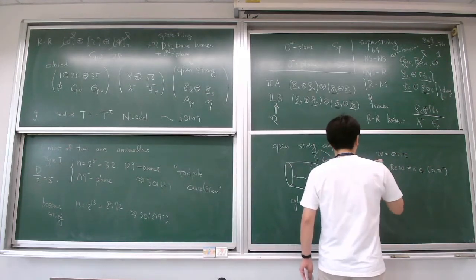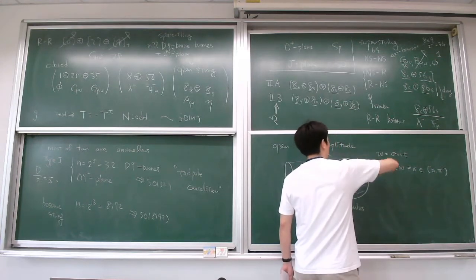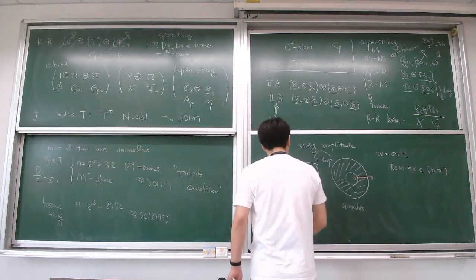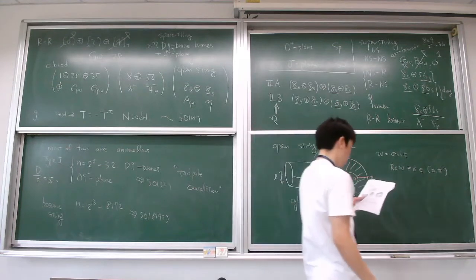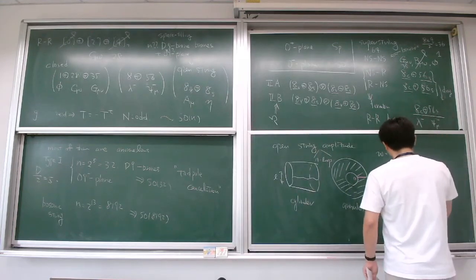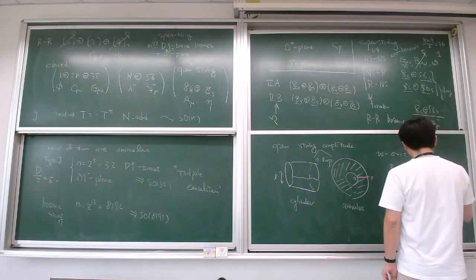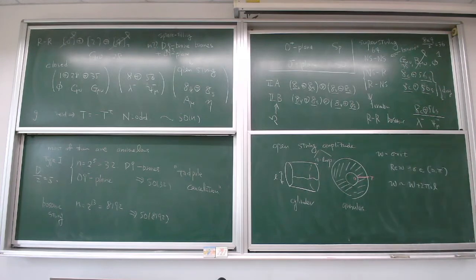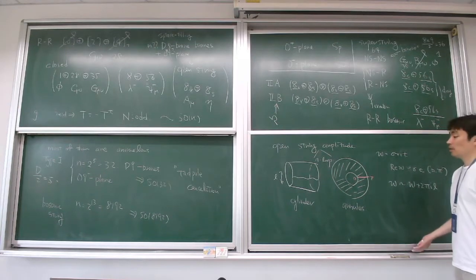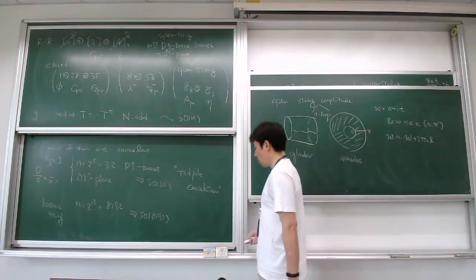So open string between 0 and pi, and then the time direction is identified by 2 pi l. So the cylinder has radius l. Therefore, we consider w identified accordingly. It's almost the same as before.